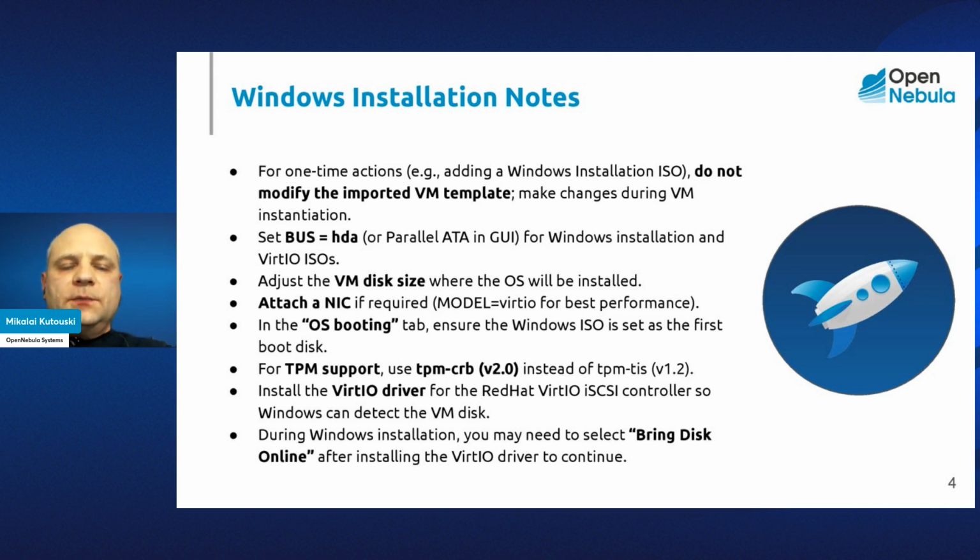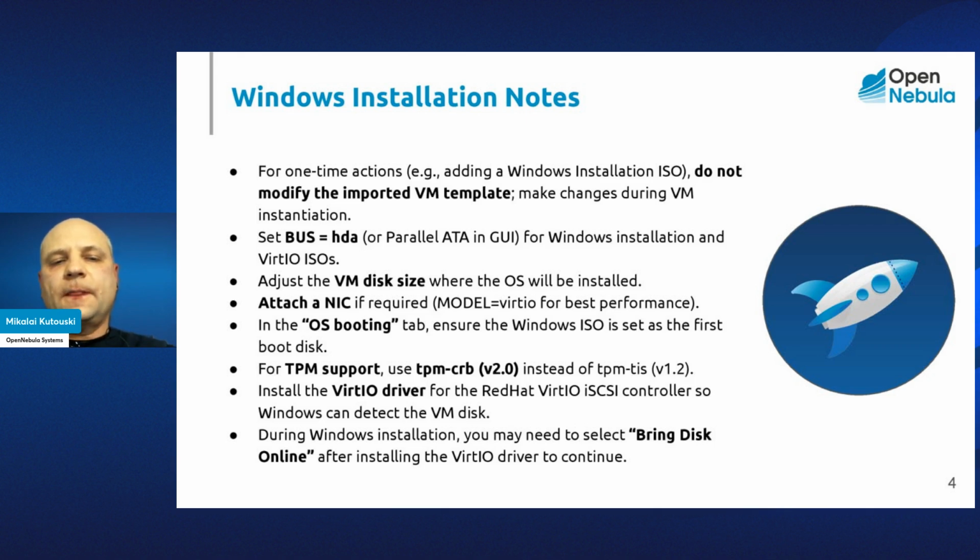The second recommendation is to use the bus called parallel ATA, or IDE, or HDA, for the Windows installation ISO and for the virtio ISO, because otherwise the Windows installation is not going to start.